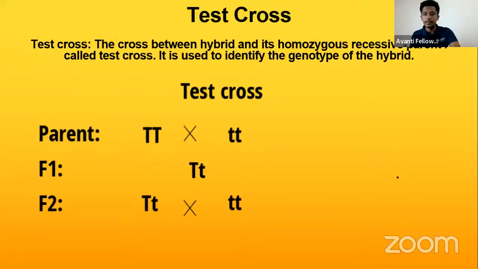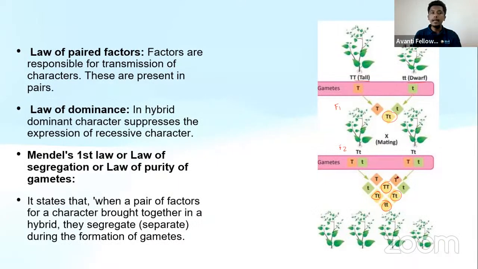After getting this, we understood that Mendel drew some observations, and after seeing these ratios he suggested that alleles appear in pairs. This is very important: the law of paired factors. Whenever we write alleles for a particular trait or character, whether it is height, color, shape, or position, we always represent them in pairs.